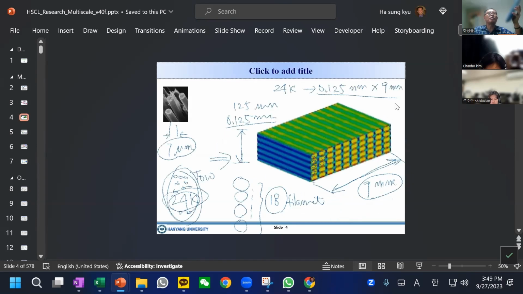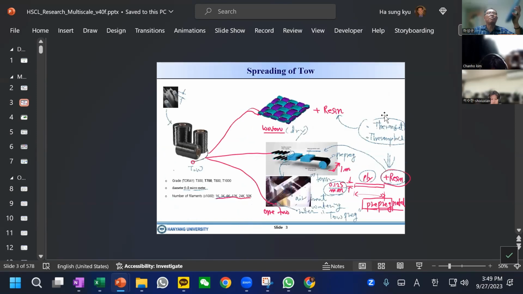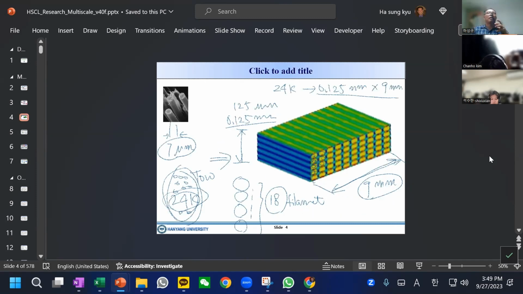How many toes we need? 9 millimeter is about 1 centimeter, and then to make 1 meter, you need 100 toes to make a pre-preg with a thickness of 0.125. Okay, so this one you can have just alone. So this is going to be a toe preg.